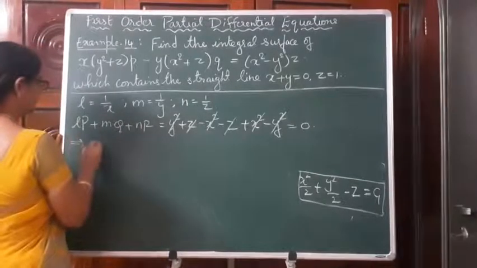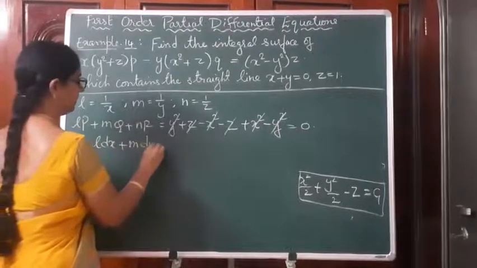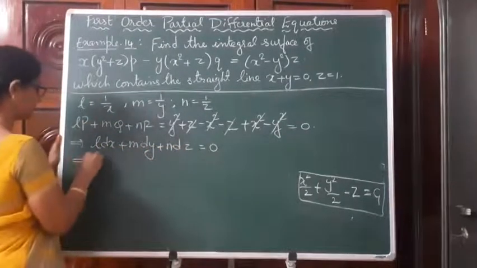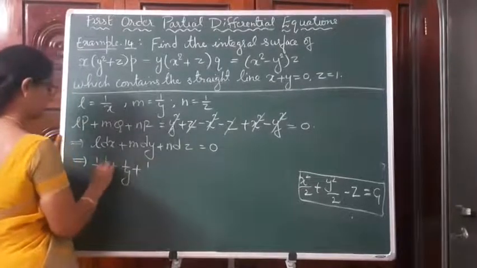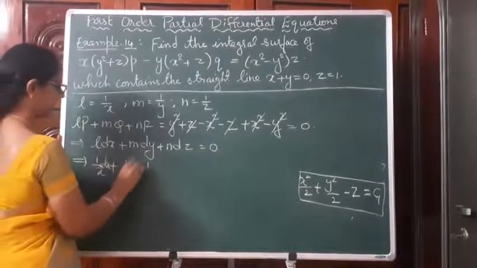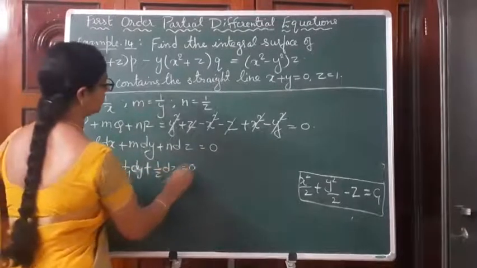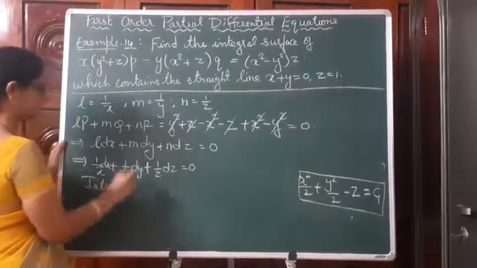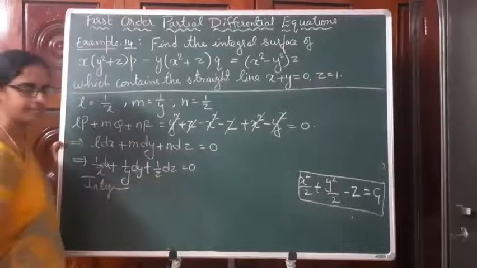Therefore what happens? l dx plus m dy plus n dz is equal to 0. That is 1 by x dx plus 1 by y dy plus 1 by z dz is equal to 0. Upon integrating, integral of 1 by x is log x, integral of 1 by y dy is log y, integral of 1 by z dz is log z.